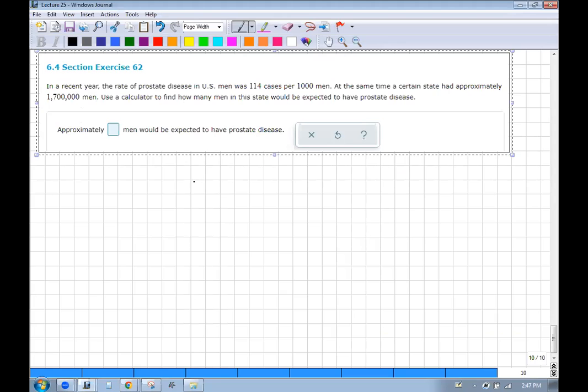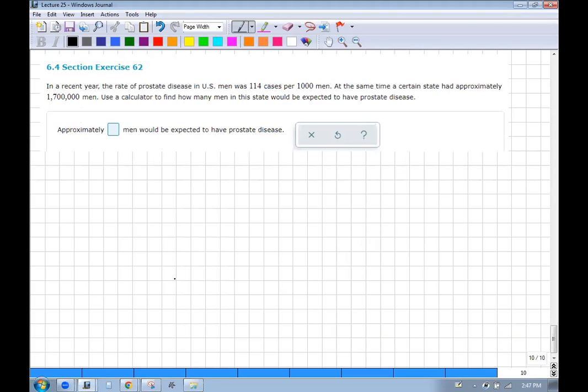In a recent year, the rate of prostate disease in U.S. men was 114 cases per 1,000 men. That's over 10%. At the same time, a certain state had approximately 1.7 million men. Use a calculator to find out how many men in this state would be expected to have prostate disease.